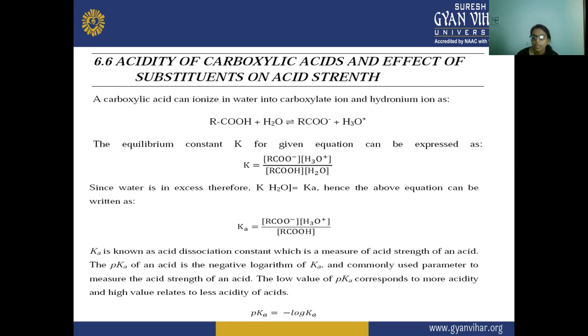If the Ka value is high, then pKa is less, so they are inversely proportional to each other. If pKa value is high, then the carboxylic acid acidity is low, and if the pKa value is less, then the acidity of the acid is more.